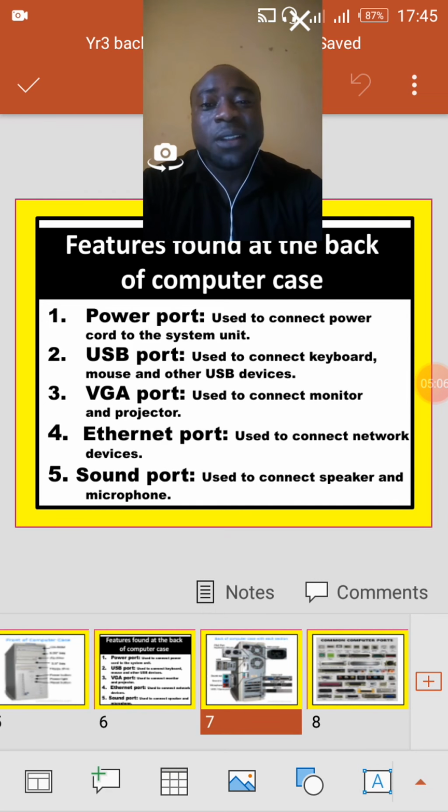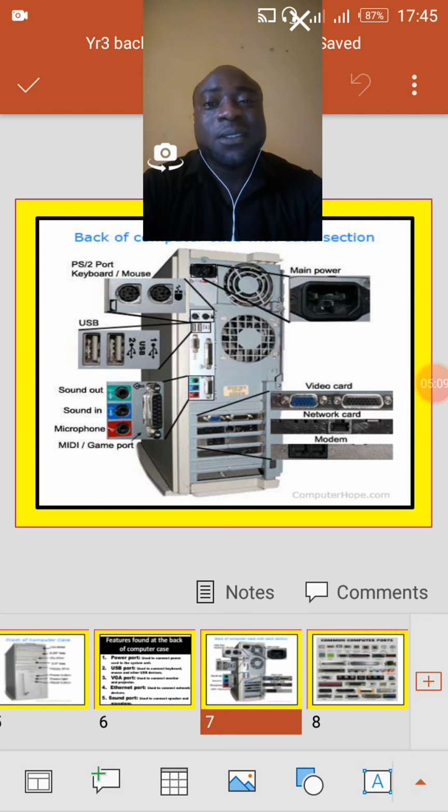So let's look at the picture. As you can see, this is the back of computer case. If you look at the diagram, there are some labels there. We have PS2 port for keyboard and mouse, but today we use USB. Then we have the sound port where you have the microphone, speaker, and maybe headphone.